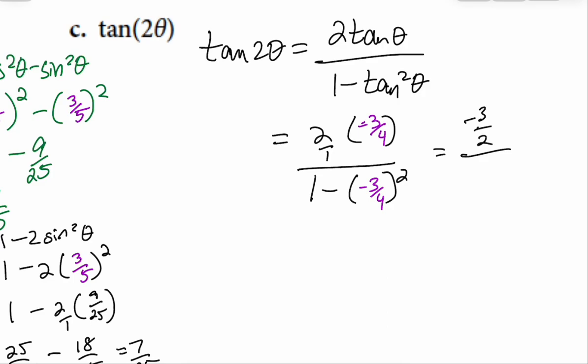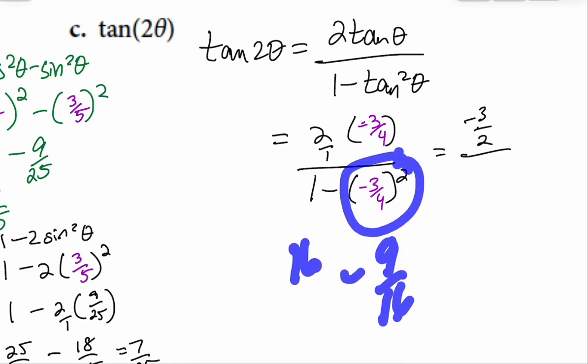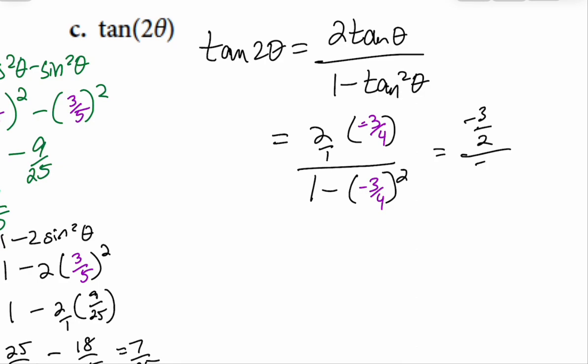Now, let's take a look at the bottom. To square that fraction, we make it the square of the top, square of the bottom. That's 9/16. So 16/16 minus 9/16 is 7/16.